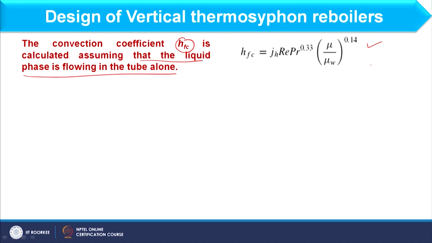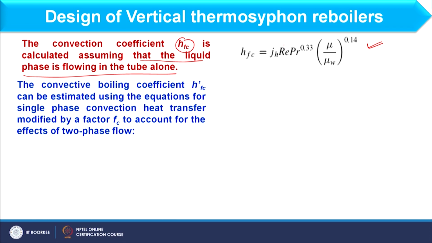correlation for convective heat transfer which we also consider in a shell and tube heat exchanger, right. However, in a vertical thermosyphon reboiler, the fluid is continuously moving. Okay. So, whatever Reynolds number we obtain as REL, the same Reynolds number will be applicable over here, because this h_FC purely corresponds to liquid, right.